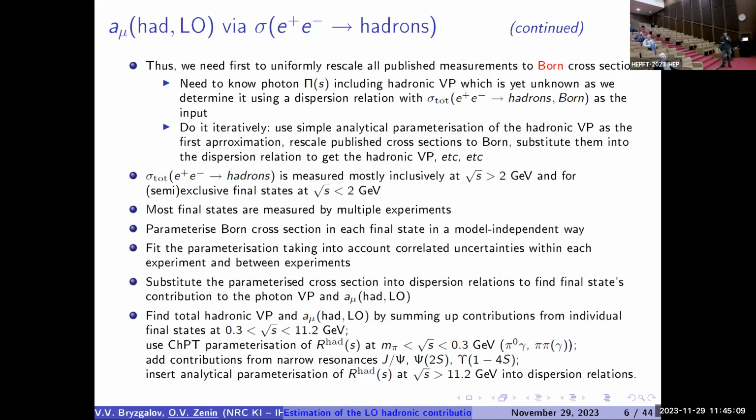So the first step to get the input for the dispersive integral is to parameterize the cross-section and average multiple experiments, and fit our parameterization to multiple experiments.